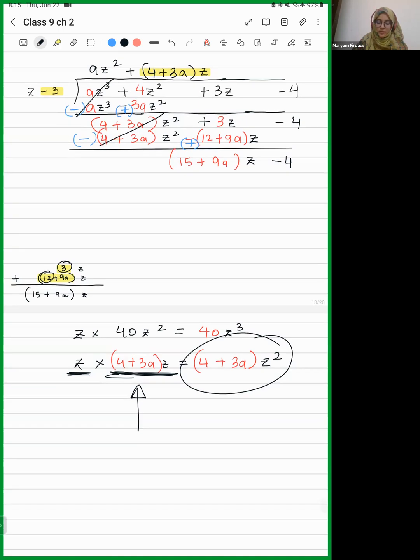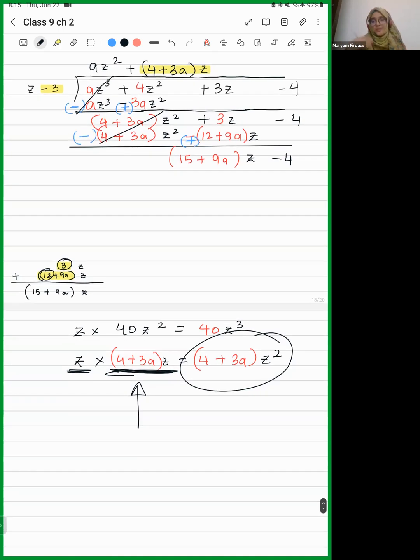Now, what do we have to do next? Same step, we have to follow the same step that we did. The first thing: z multiplied with what will give me this? It's very simple now. Z multiplied with what will give you this? Who is going to give me the answer?